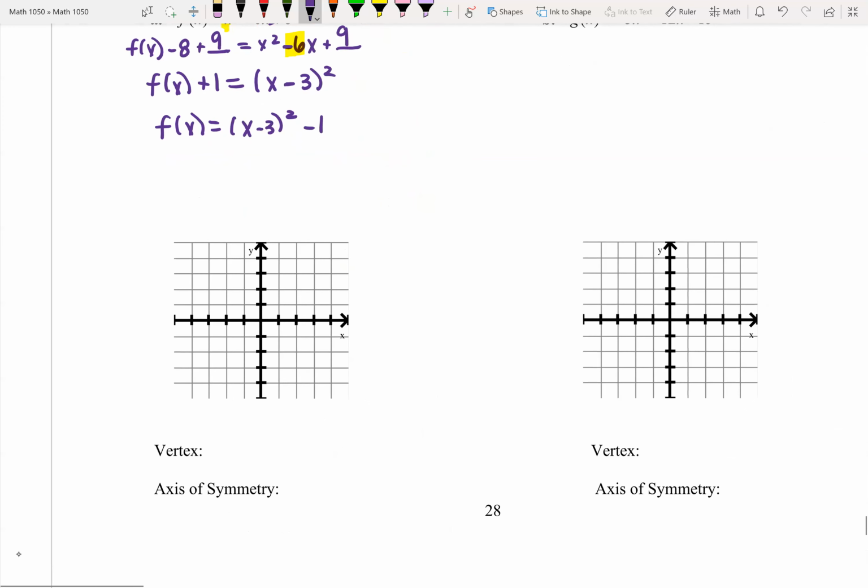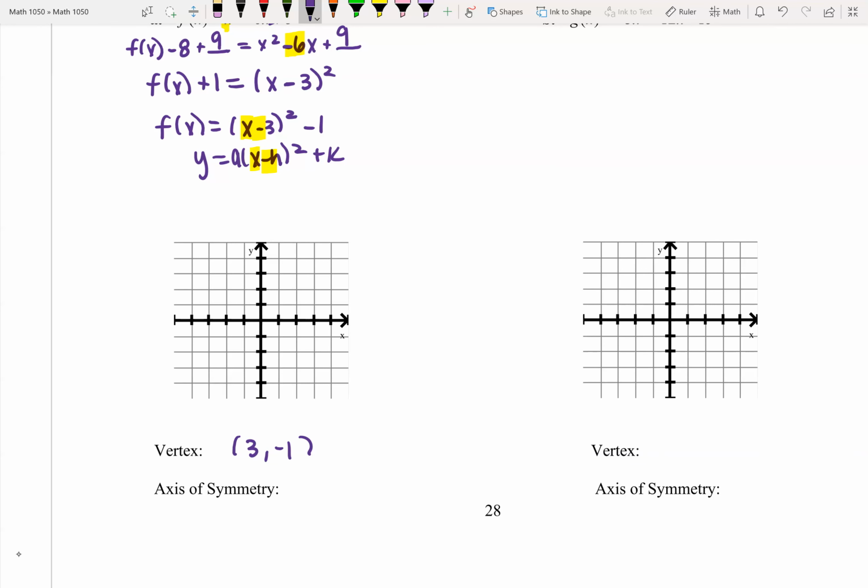Okay, underneath that, everybody write y equals a times x minus h to the second plus k. Look, guys, x's line up, negatives line up, so h must be 3. And my vertex is h comma k. So my vertex is 3 comma, the value of k is negative 1.